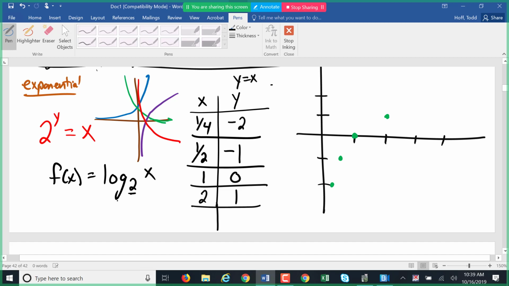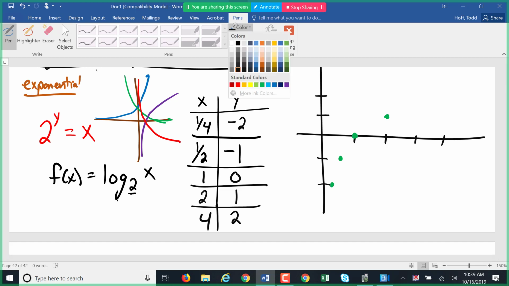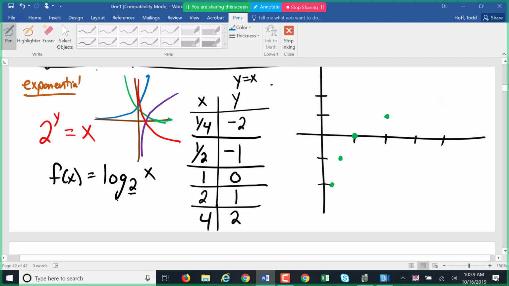The next value I'm going to choose for x, because I know it needs to be a power of 2 to make this simple, is going to be 4. 2 to the power of 2 equals 4. So if x is 4, y has to be 2. So that's giving me a point over here at 4, 2. And at this point, I've probably got a pretty good idea what shape my graph is going to be.